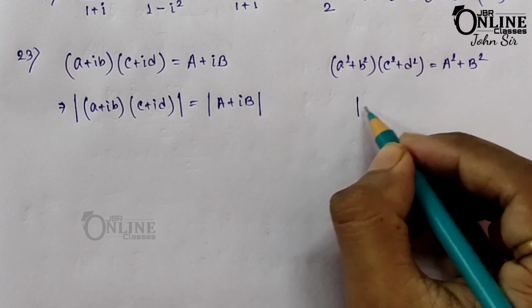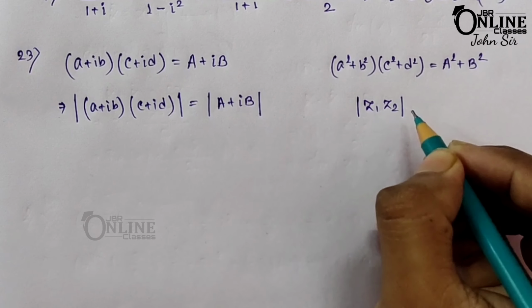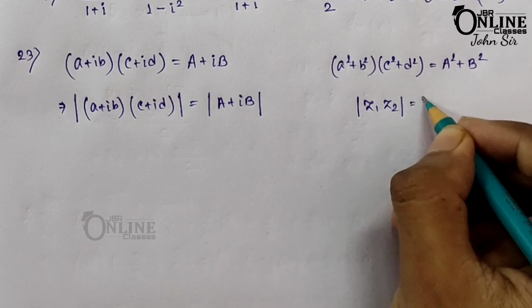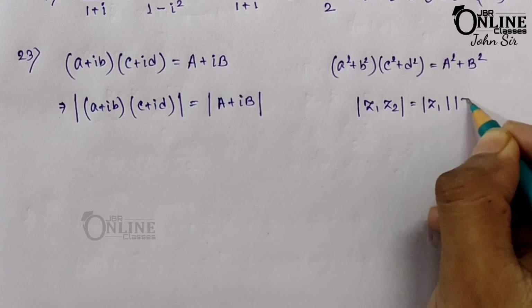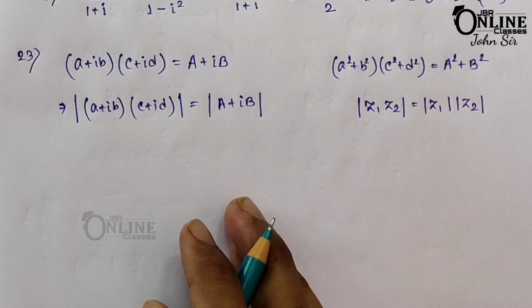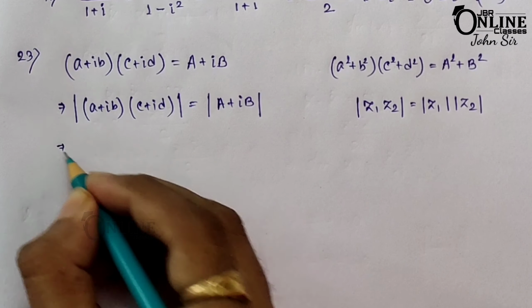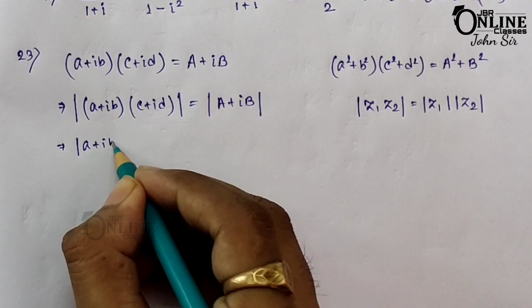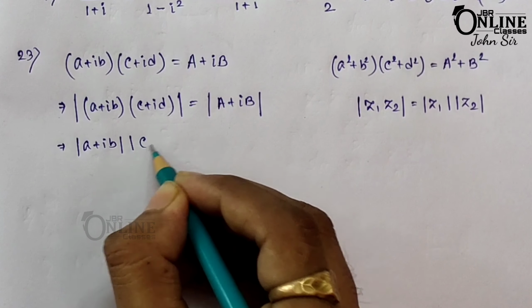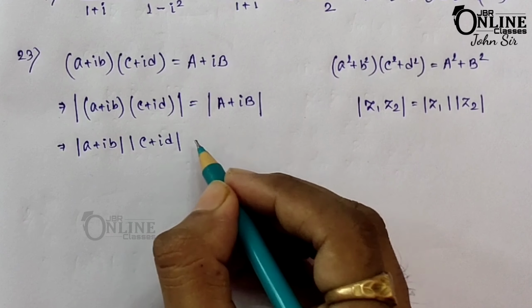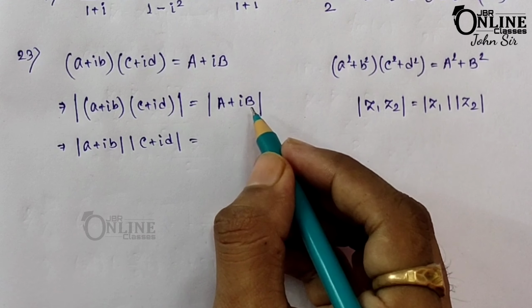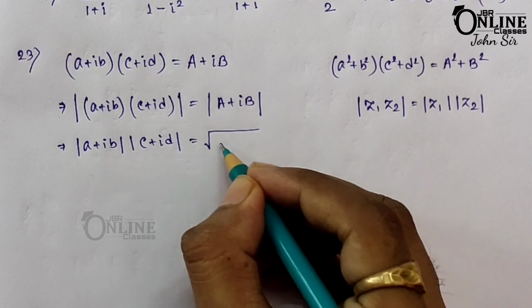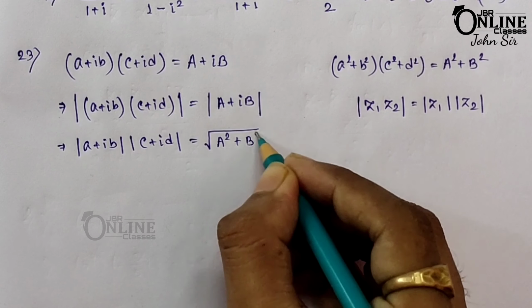Now as you know that mod z1 z2 formula will be mod z1 and then mod z2. As this one will be the left hand side, you can apply these properties. So it will be mod a plus ib and then again mod c plus id. And here mod a plus ib, the formula will be, you know that, root over a square plus b square.